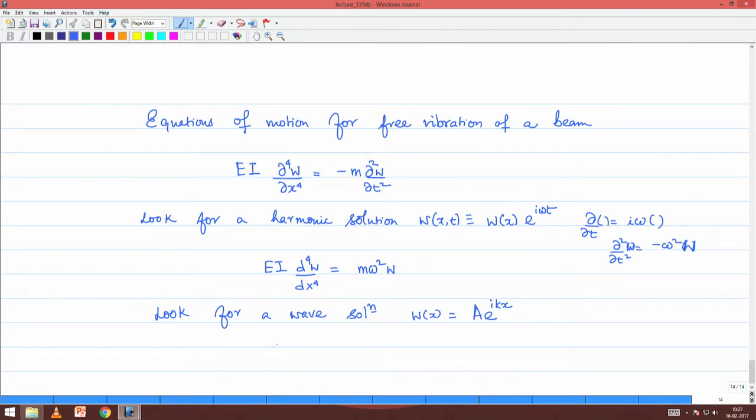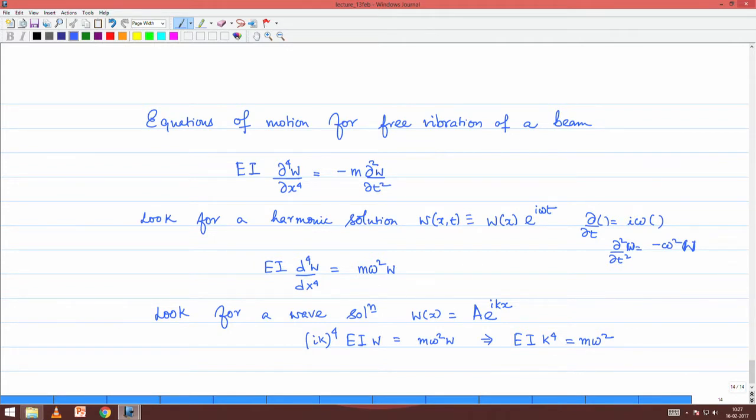So, if we invoke this now, what we get is (ik) to the power 4 times EI, which is the flexural rigidity, multiplied by W, must equal m omega square W, and this implies that EI k to the power 4 must equal m omega square. Just to recapitulate, our objective was to find whether it is possible to get a harmonic wave solution to the beam equation.